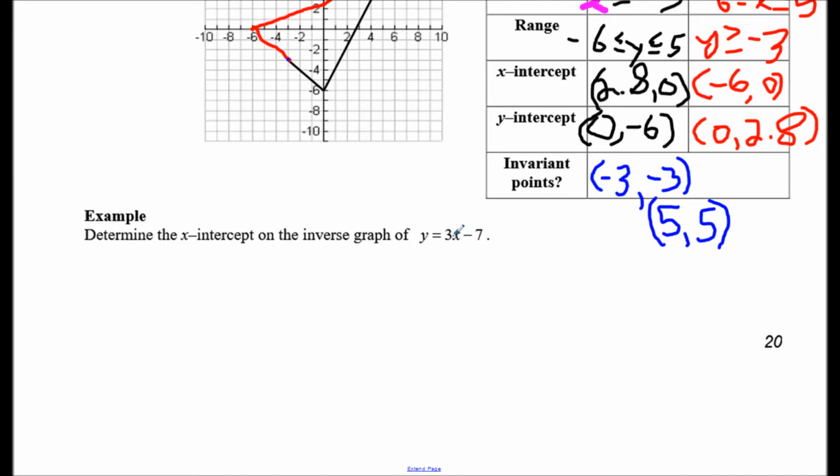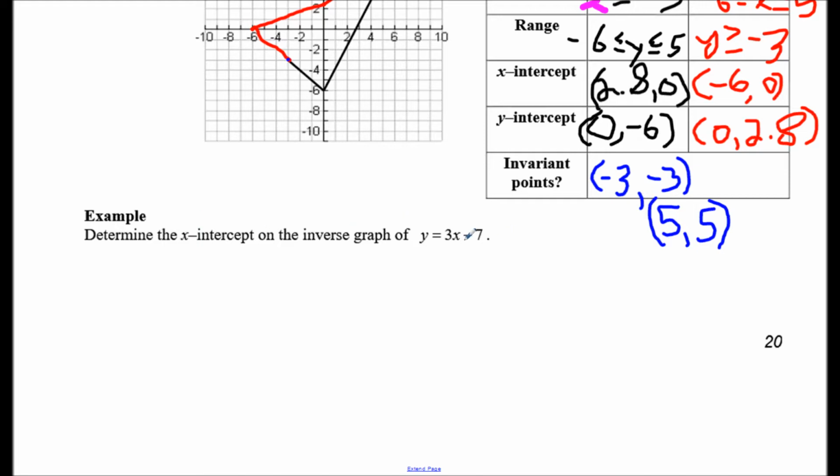Will it not? I will show you on the next page how to find the inverse of this equation. But you can save yourself some time and say, I don't need to manipulate this equation. If I want the x-intercept of the inverse, it's the y-intercept of this current equation.